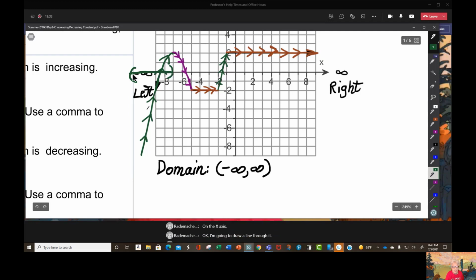For this entire part of the x-axis, the graph is going up. And for this entire part of the x-axis, the graph is going down. Notice that you can pair this up.